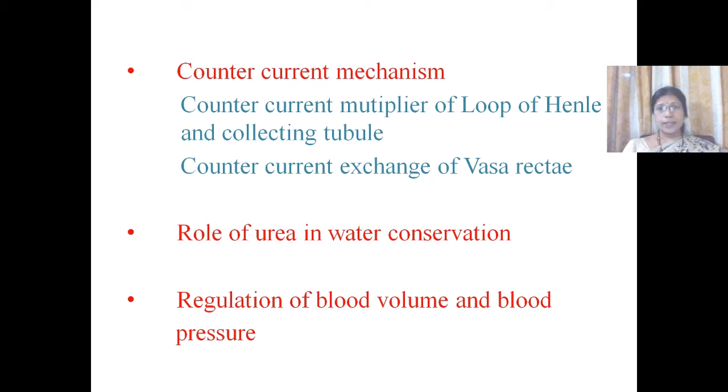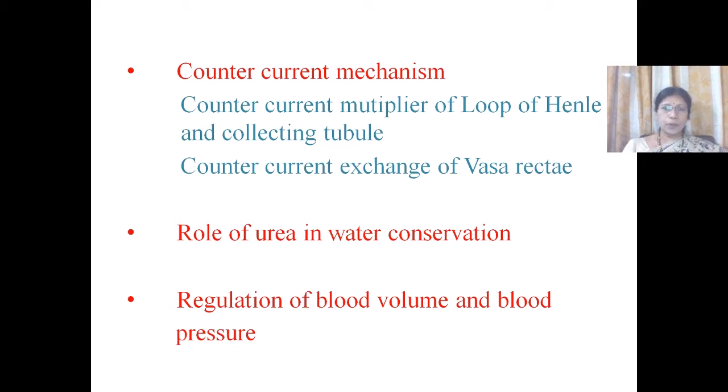The ability of the kidneys to produce hyperosmotic urine is a major determinant of an animal's ability to survive with limited amounts of water. Humans and birds produce hyperosmotic urine, which is much greater than their body fluid concentrations.